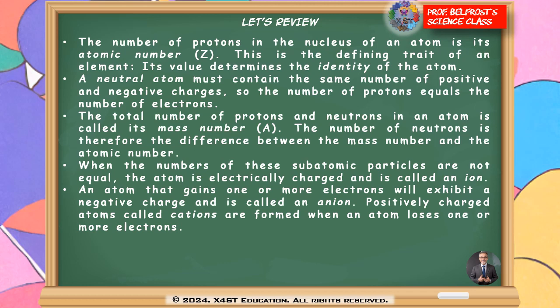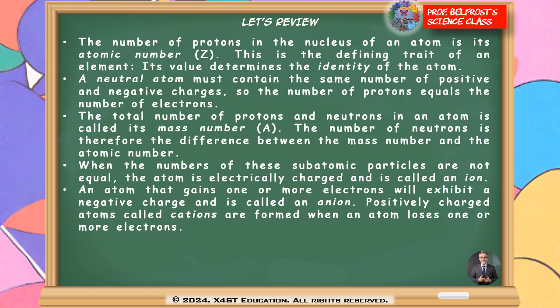The total number of protons and neutrons in an atom is called its mass number, which is represented by the symbol A. The number of neutrons is therefore the difference between the mass number and the atomic number: A minus Z. When the numbers of these subatomic particles are not equal, the atom is said to be electrically charged, and it is called an ion instead of an atom.